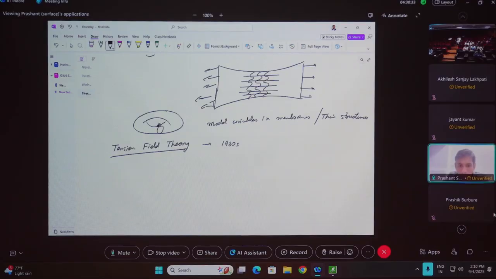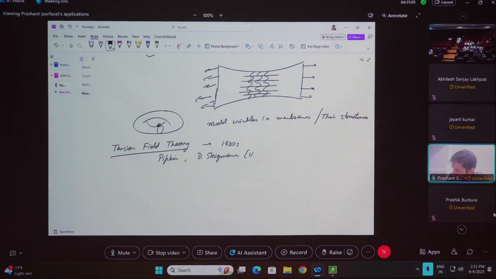Okay, so if you see the papers, you can see a lot of references, but I would just like to point out a couple of people. There is a scientist called Pipkin, and there's Professor David Steigmann.